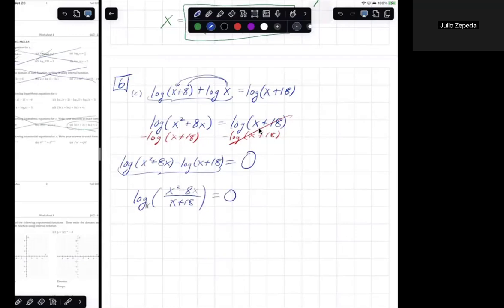The base here is 10. So I'll write it in there because it's automatically 10 if there's no base displayed. And so now we have a single log equal to some number. We will go ahead and rewrite this in exponential form. That is going to be 10 to the 0 equals that whole mess.